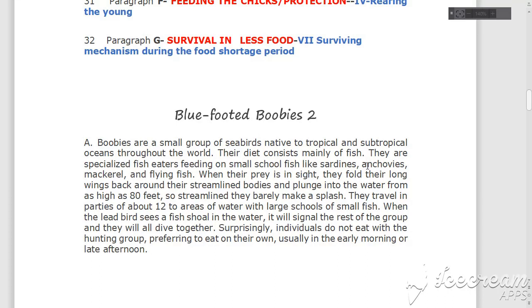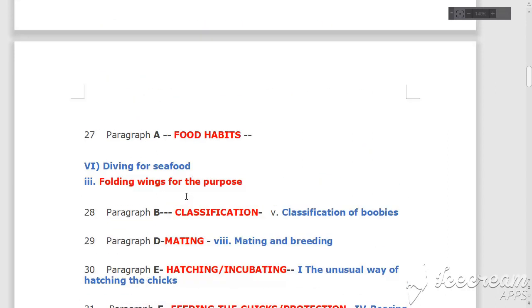Apart from that, they also dive from 80 feet and they travel in parties, in areas of water with large schools of fish, and when the lead bird sees a fish shoal in the water, it signals the rest of the group. They dive together. So if we choose folding the long wings, it does not represent the meaning of the whole paragraph. Whereas diving for seafood.